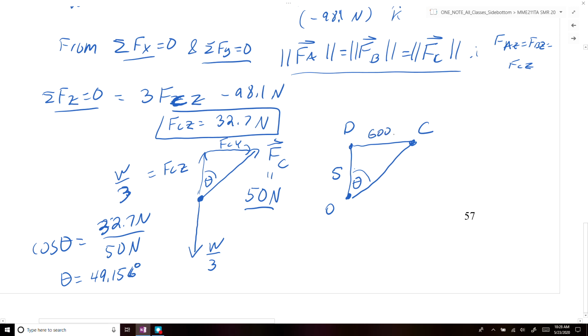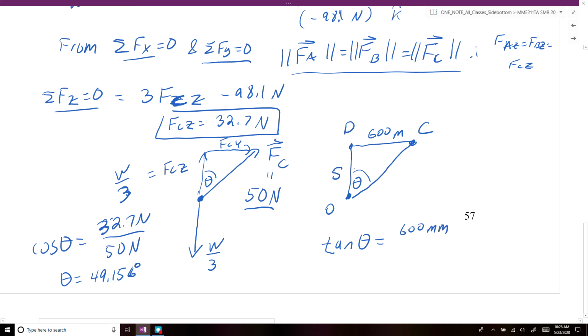Then we can go back to our equation here, and we know that the length from point C to point D is equal to the radius of that circle. So we can solve for s using the tangent function. The tangent of theta would be equal to 600 millimeters divided by s.